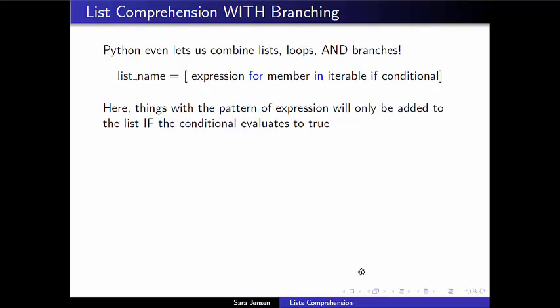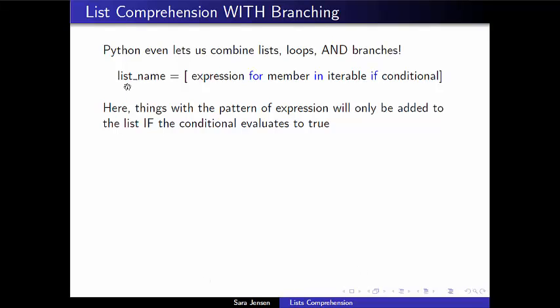Not only can list comprehension be used to combine the creation of lists with looping, we can use an alternative form of list comprehension to combine the creation of lists, loops, and branches, which is hugely powerful for condensing code and making it significantly more readable.